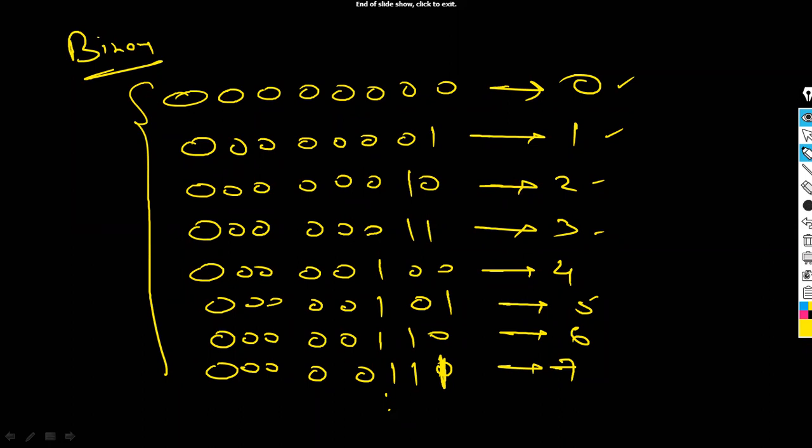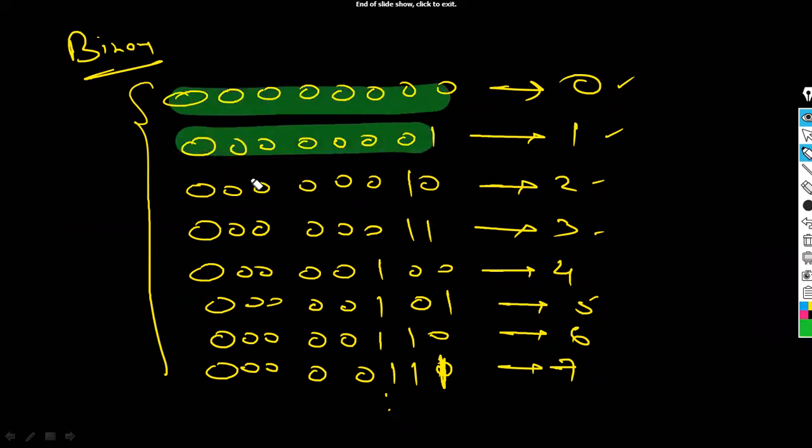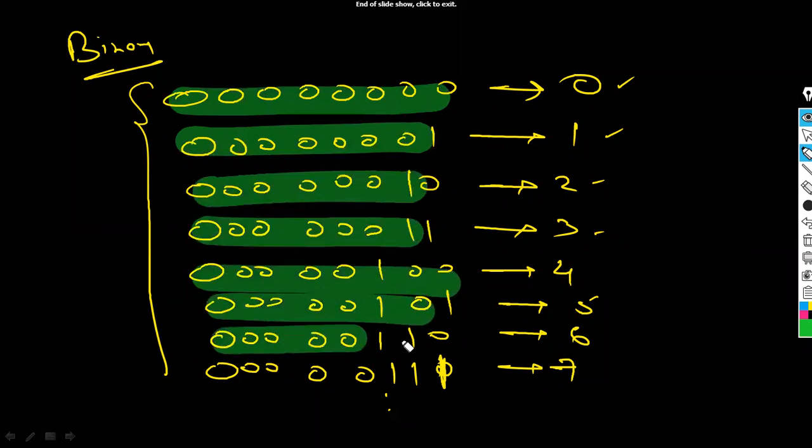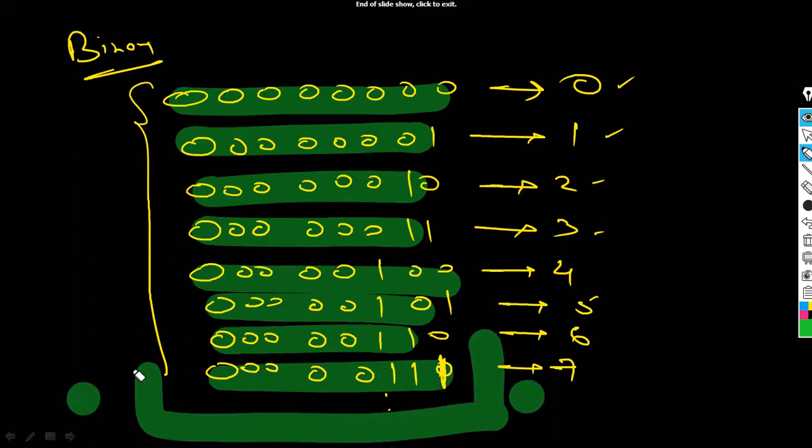It's 1 octet, 8 bits. So 1 octet or 1 byte are the same thing. So numbers are written like this. If you remember, we talked about 3 different classes.